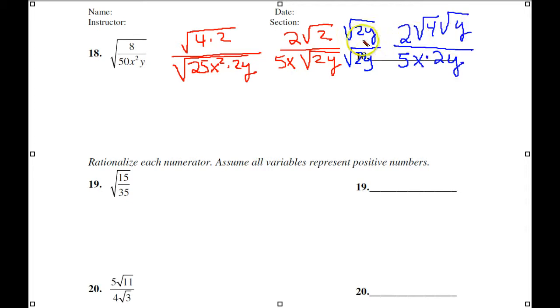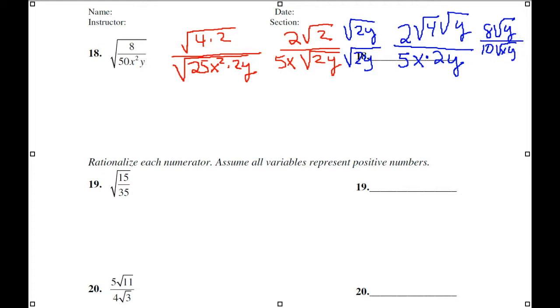We get this next step in which 2 times 2 is the square root of 4. Okay? And we're going to get then on the top 8, the square root of y. And on the bottom we're going to get 10, the square root of xy.